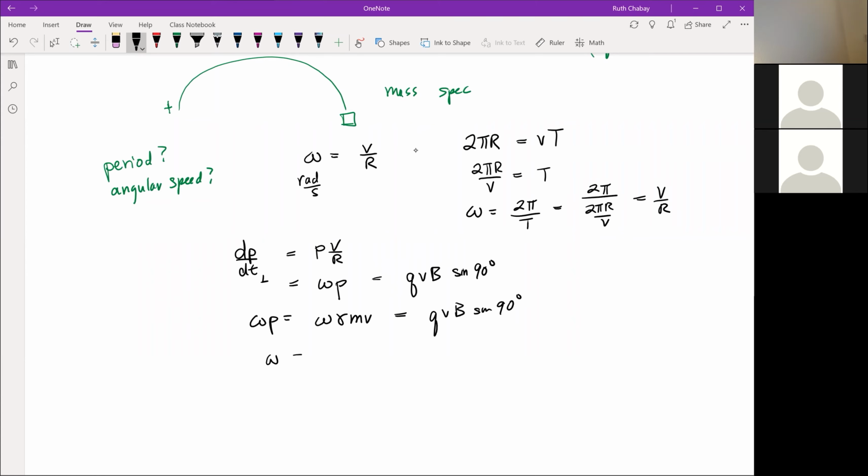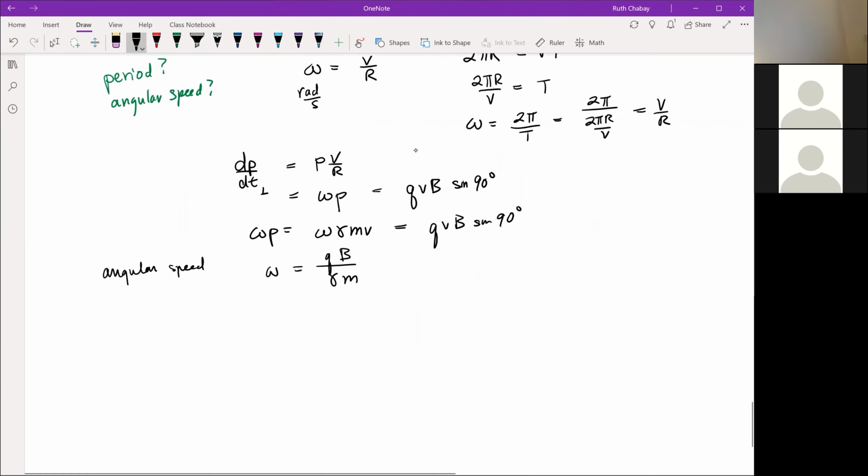So omega is actually going to be equal to qB over gamma times the mass. So the angular speed in radians per second. And that's actually true relativistically as well, if gamma is greater than 1.